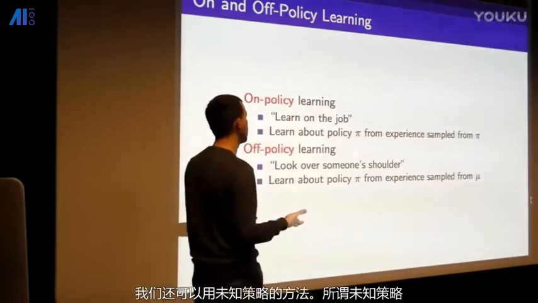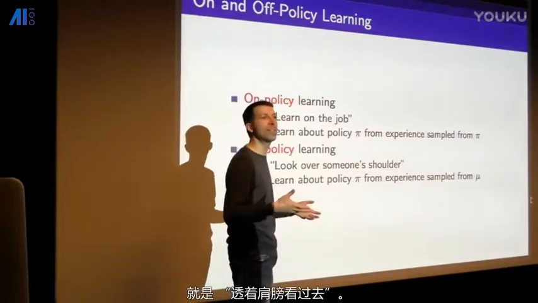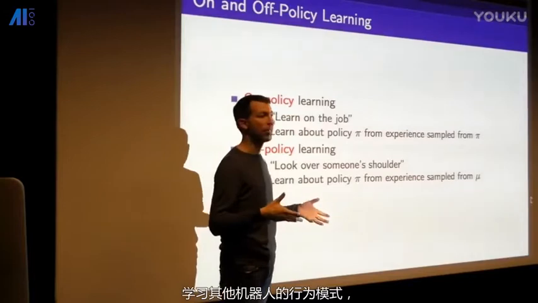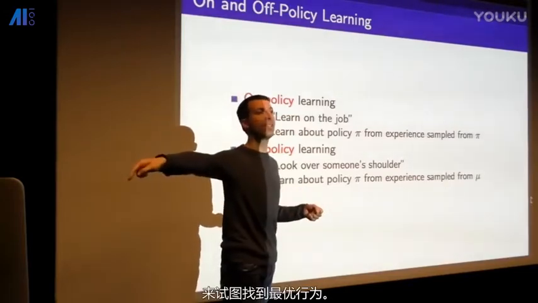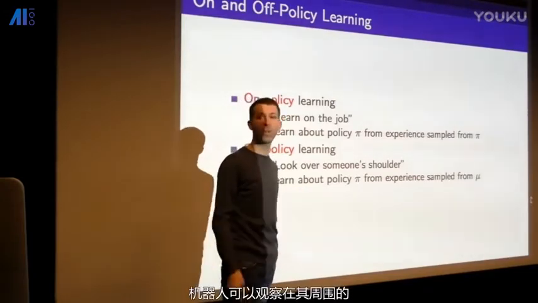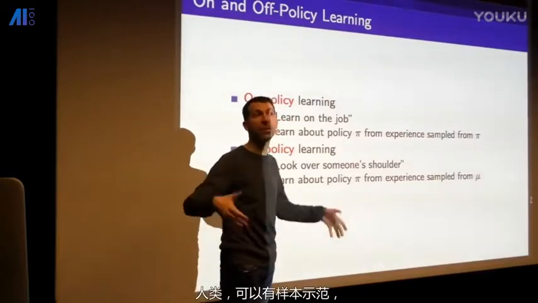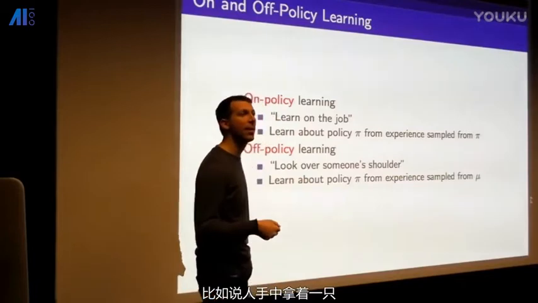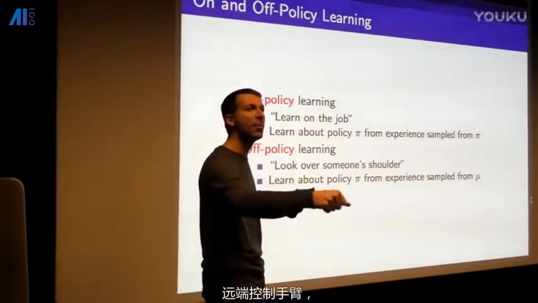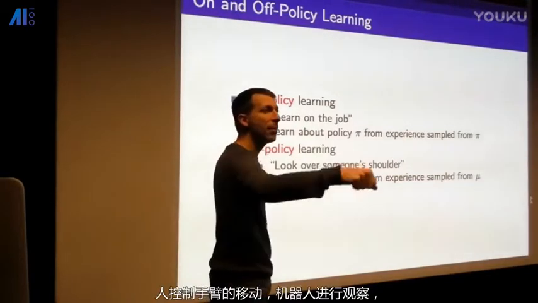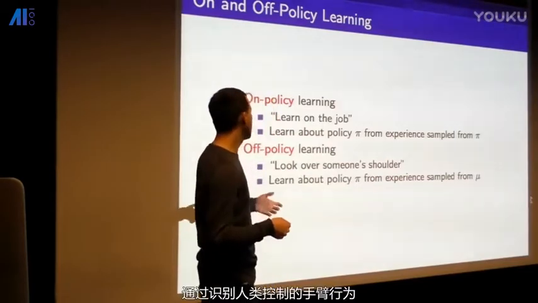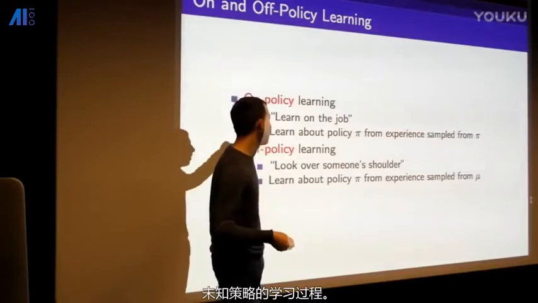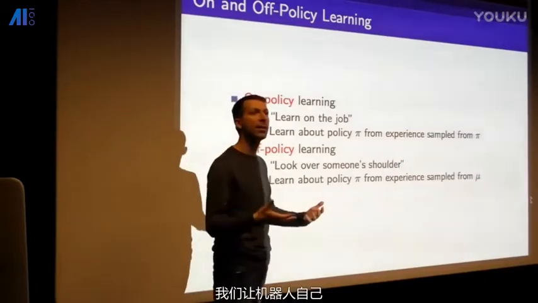We can also do off-policy learning, which you can kind of think of as looking over someone's shoulder. So you might have some robot which is watching some other robot walk around, and it's trying to figure out the optimal behavior by just observing some other robot, or maybe even a human, behave. So maybe a human gives some example demonstrations, maybe some teleoperated arm, and the human says, this is how you should move this arm around. And now, just from the trajectories that have been sampled from the human behavior, we could actually do off-policy learning, and we could learn to evaluate.